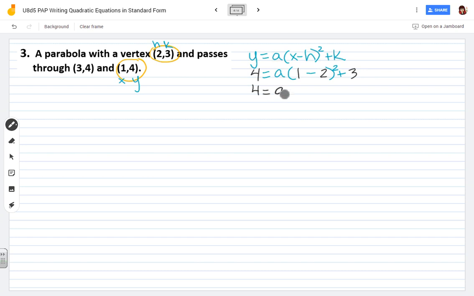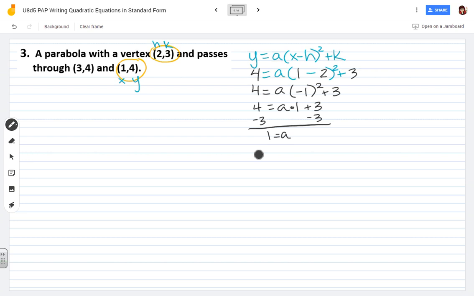Cleaning it up, 1 minus 2 is negative 1 squared plus 3. Okay, what is negative 1 times negative 1? Just 1, right? Okay, we're going to go ahead and subtract 3, and a times 1 is just 1a, or just a. It's kind of a ninja. 4 minus 3 is 1, so we know that a is equal to 1.